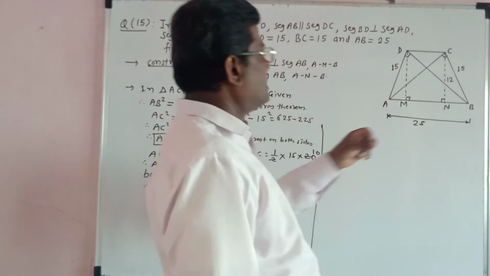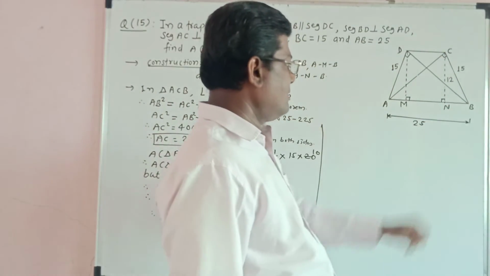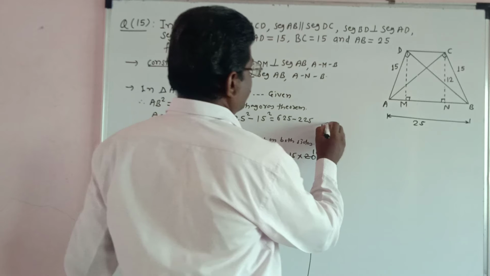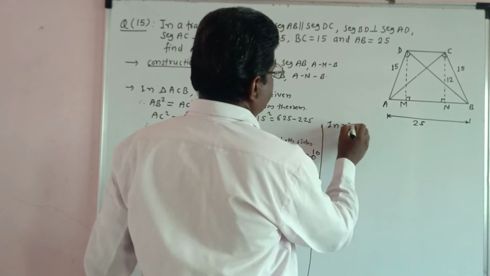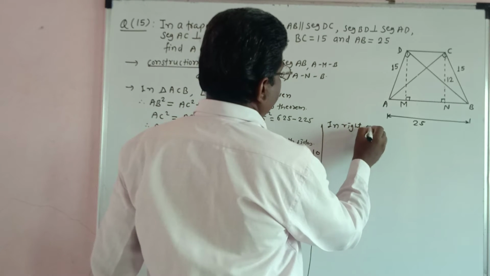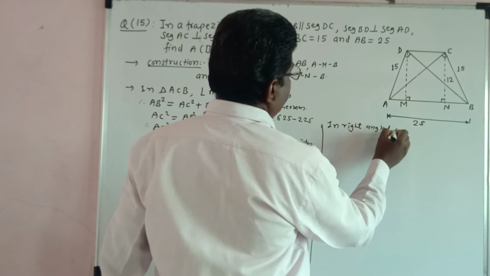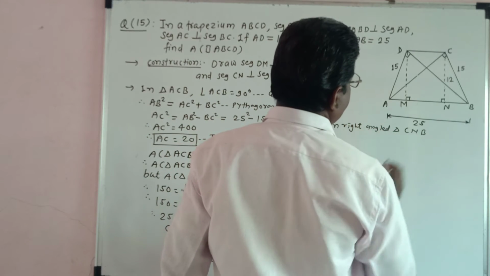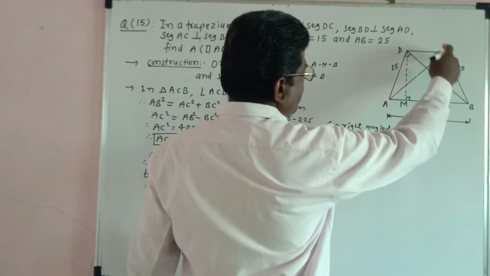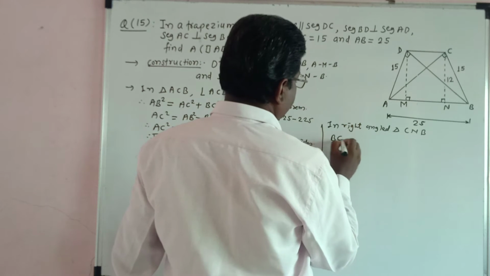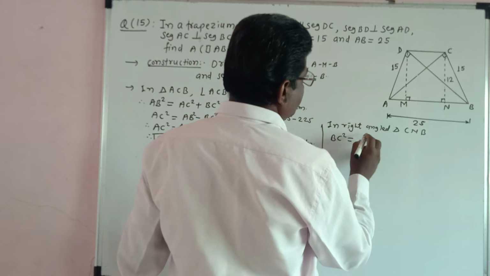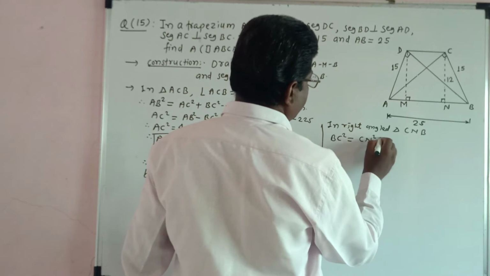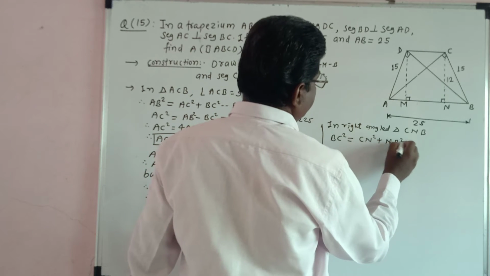Now consider the right angled triangle CNB. Hypotenuse is BC. By Pythagoras theorem, BC square is equal to CN square plus NB square.